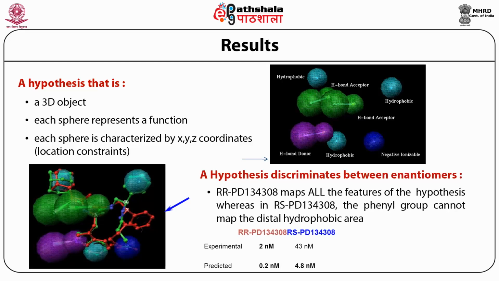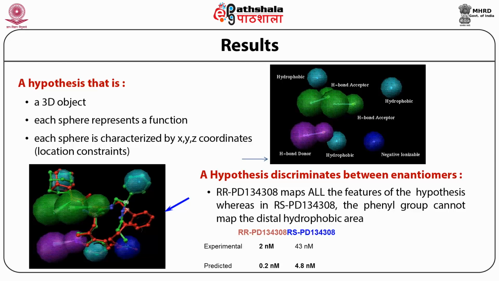One is RR of PD134308, a chemical. Another is RS of the same compound. This is an elegant example of how one can distinguish, and it reflects the predicted activity and experimental activity, and you can find out how well a pharmacophore can select even between two stereoisomers by their bioactivity.